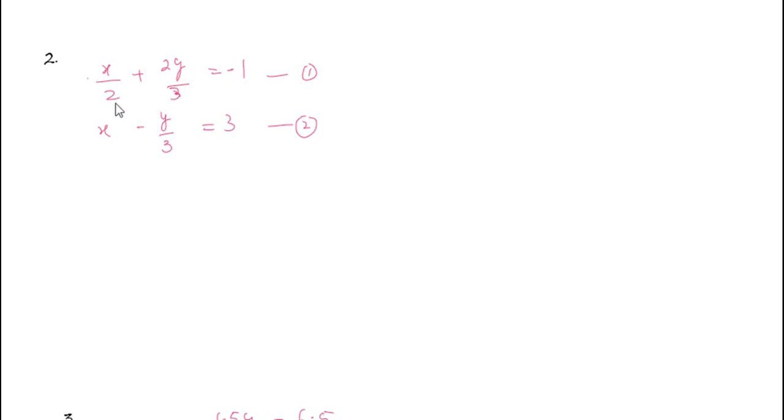So here we have 2 and 3. Now let us multiply equation 1 by 6. If you multiply equation 1 by 6, every term you have to multiply: x by 2 into 6 plus 2y by 3 into 6 equal to minus 1 into 6, that is minus 6.